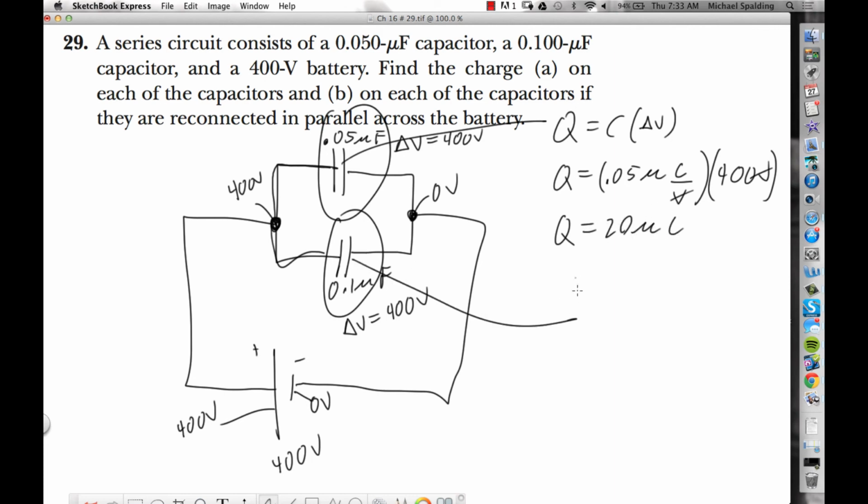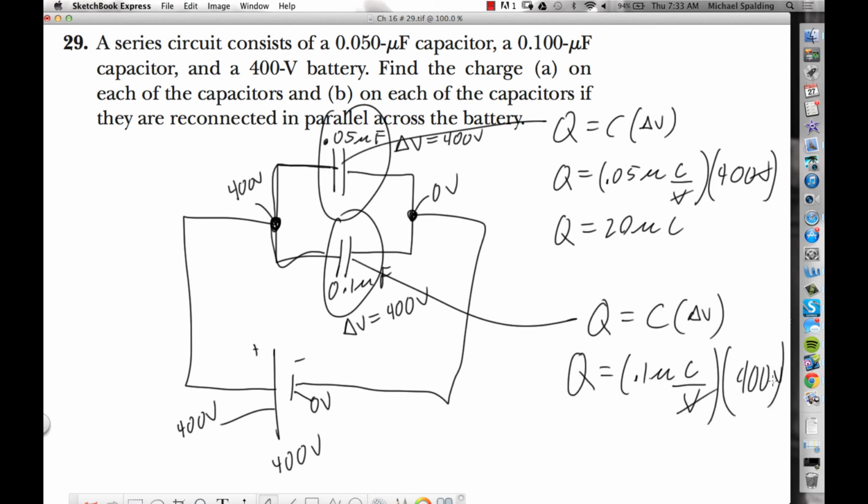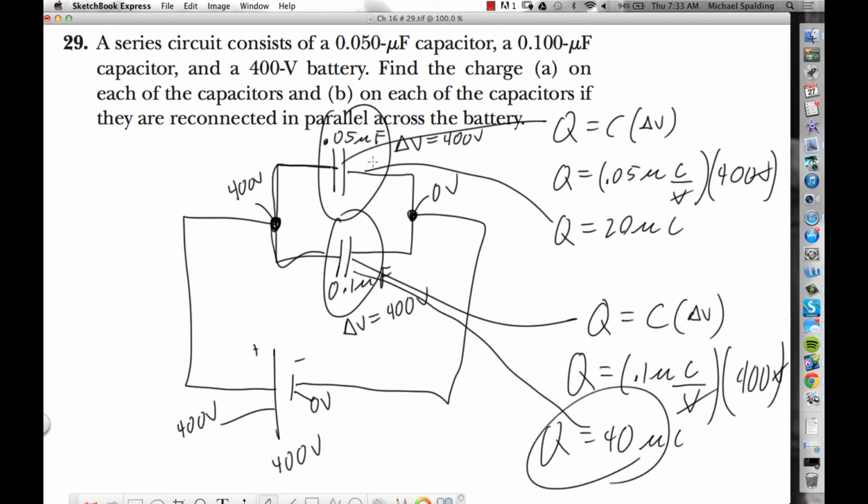And then you come down here to this guy, you do the same thing. Capacitance times voltage. So capacitance is 0.1 microfarad, coulomb per volt. We got 400 volts. Volts cancel, and we get 40 microcoulombs. So this guy has 40 microcoulombs, that guy has 20 microcoulombs.